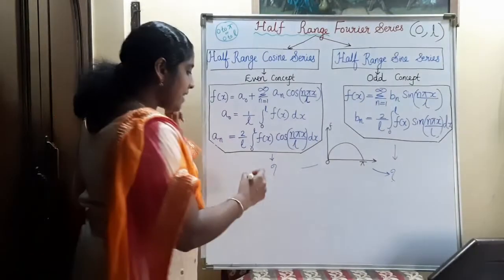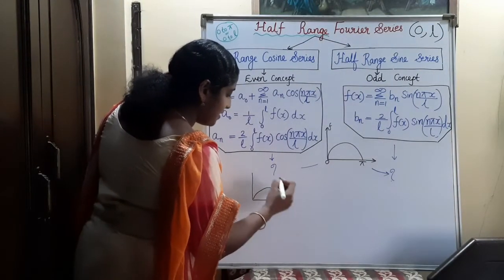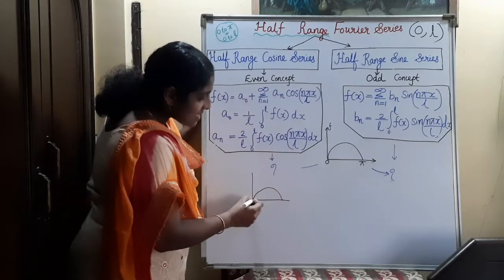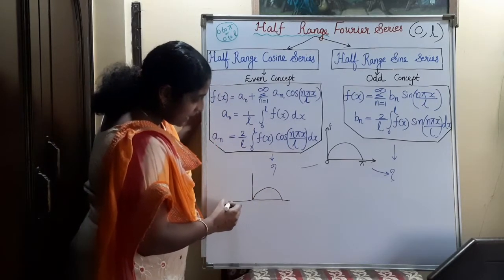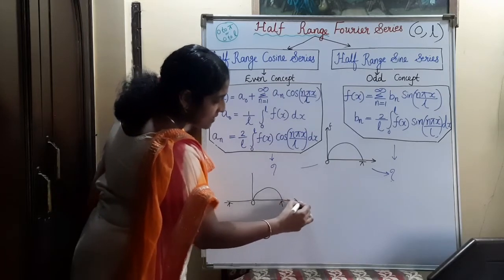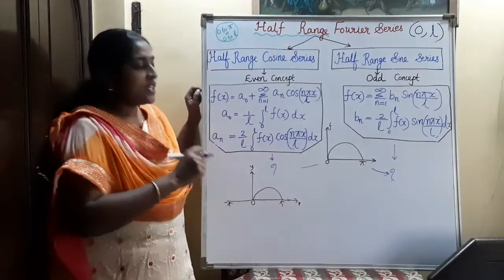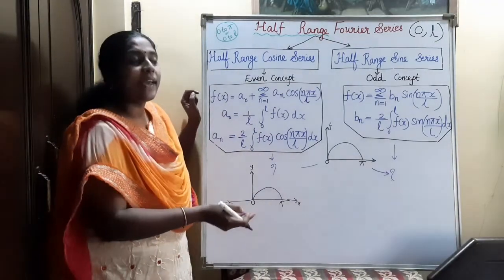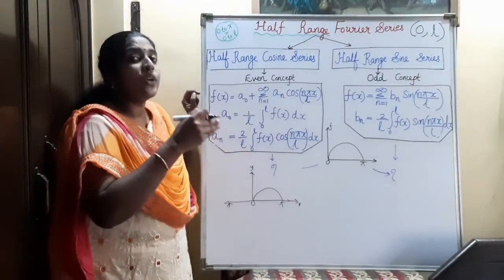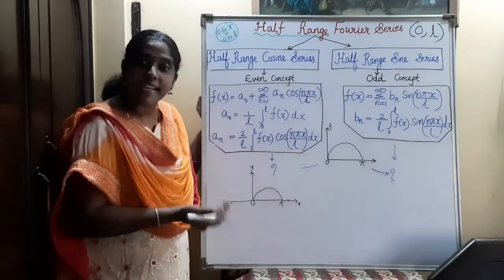The extension will be in two ways. Here now the function is like this. How to extend this function to minus pi? Here it is minus pi, 0, pi. This is the x-axis, this is the y-axis. The extension of this function from 0 to pi, we can do as a reflection in the y-axis and also as a reflection in the x-axis.